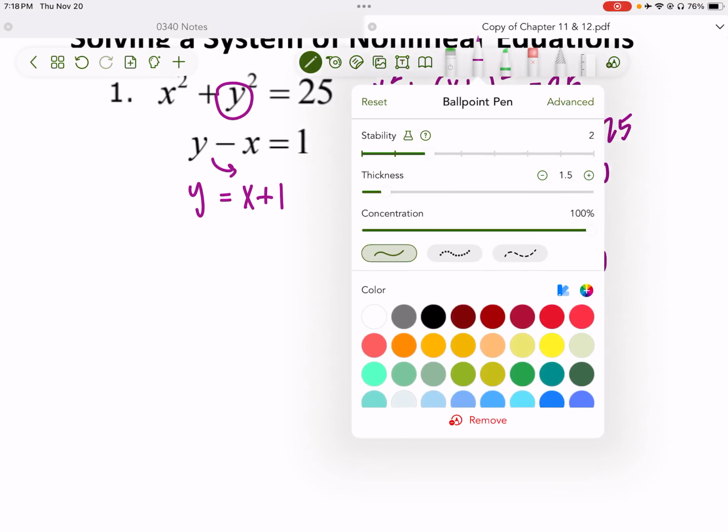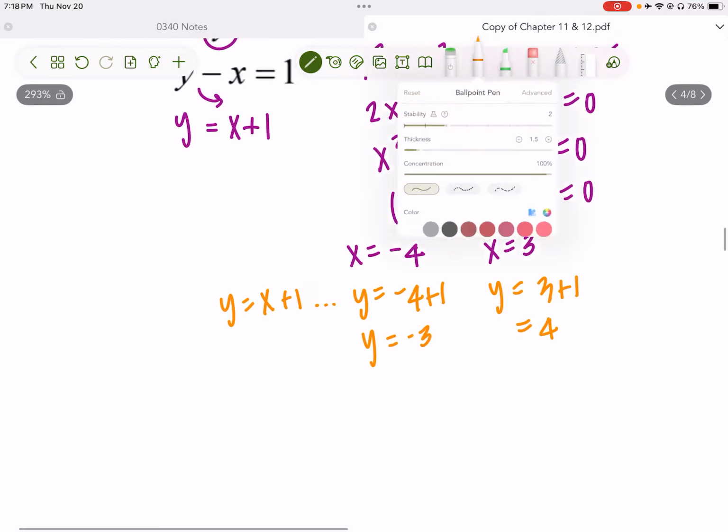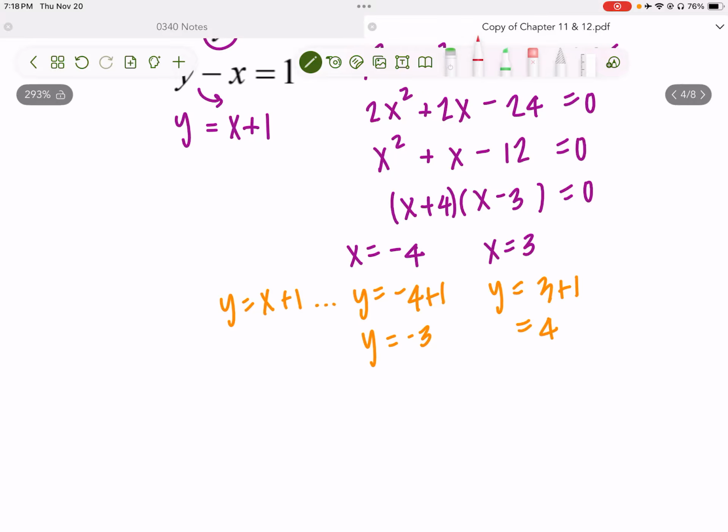Now I can go back in and plug them in my equation to find y. So y equals -4 plus 1 or -3, or y equals 3 plus 1 or 4. So my final answer is going to be (-4, -3) and (3, 4).